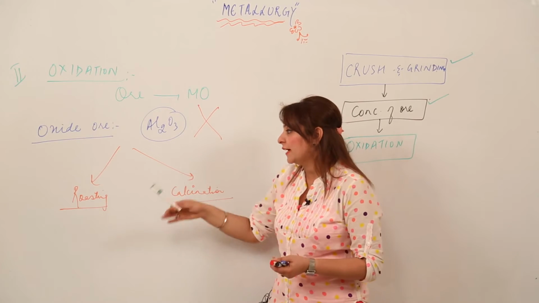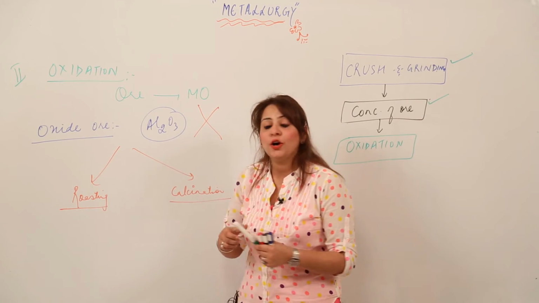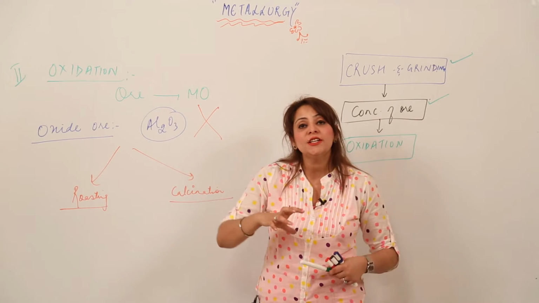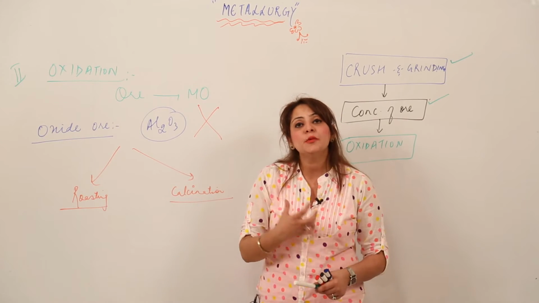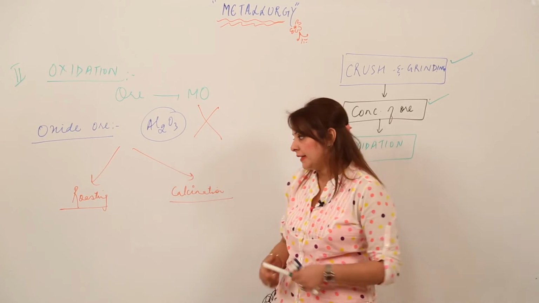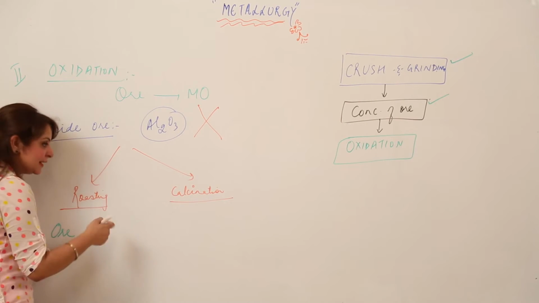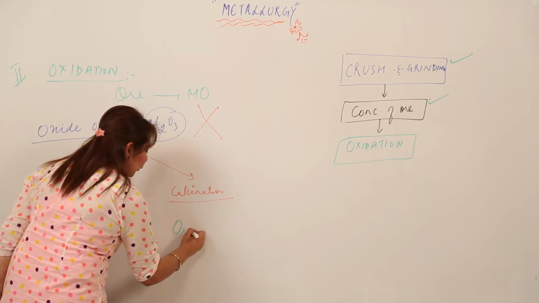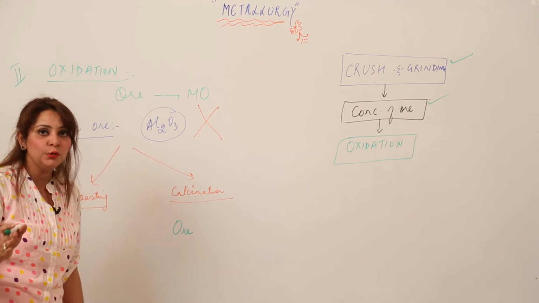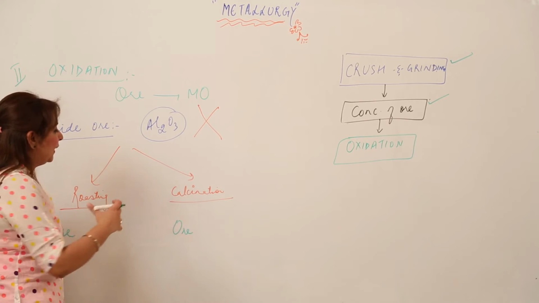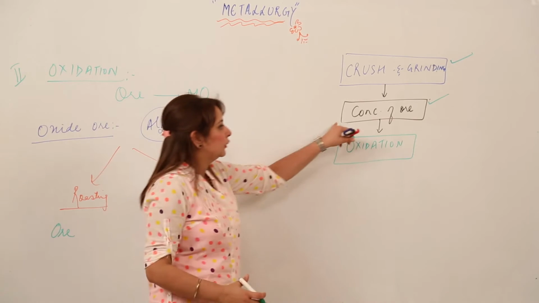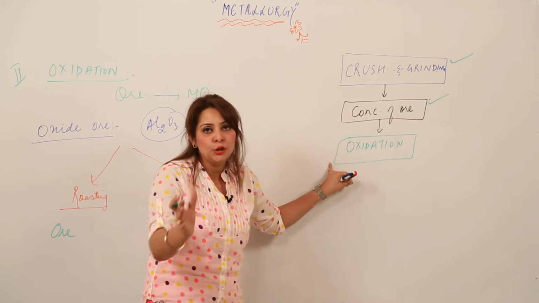So, what are roasting and calcination, or what are the similarities, the general procedures, in roasting and calcination? What we do in roasting, we take ore. Similarly, in calcination we take ore, and that ore should be concentrated. You know that we have to make it go through the first step, then only can we do the oxidation, right.